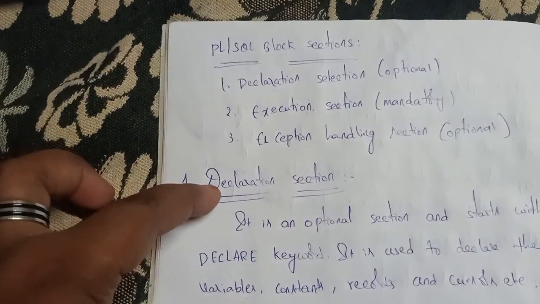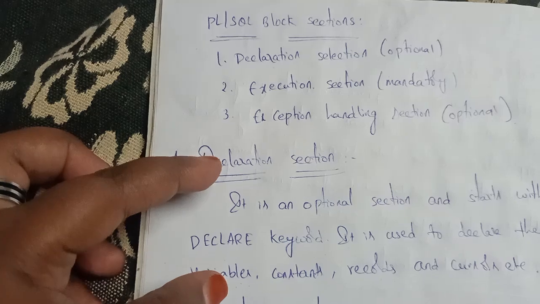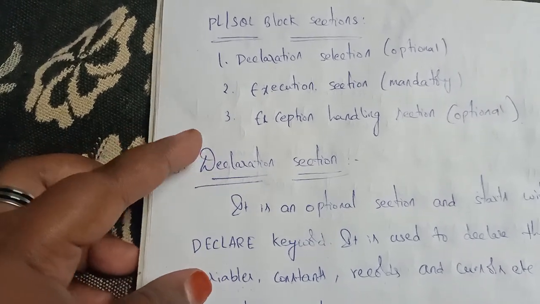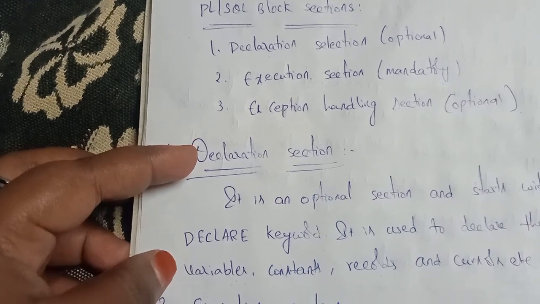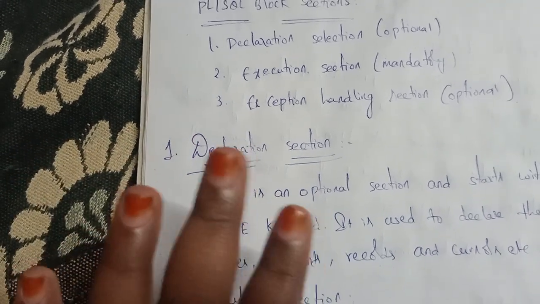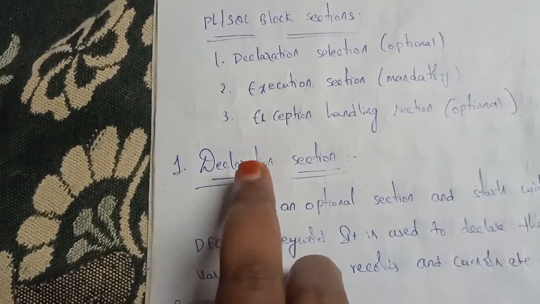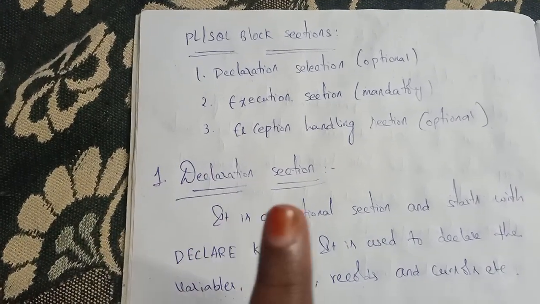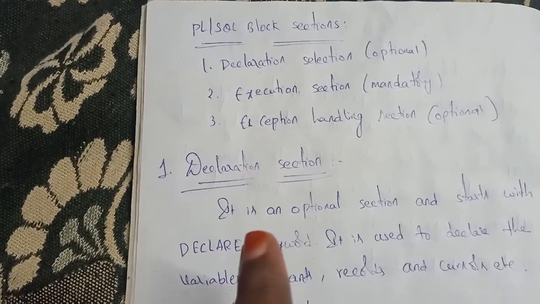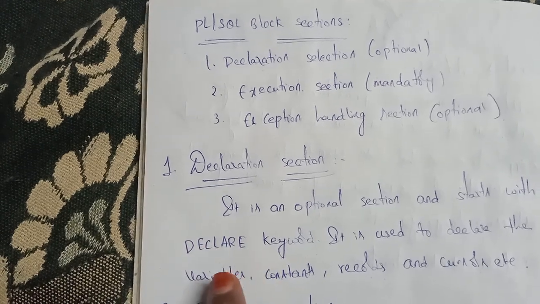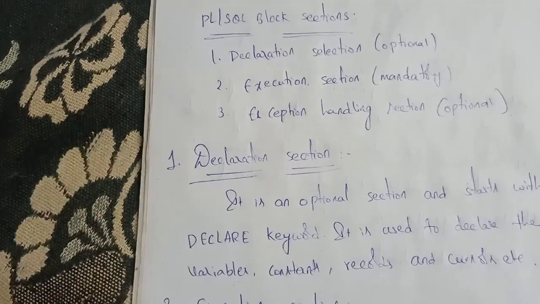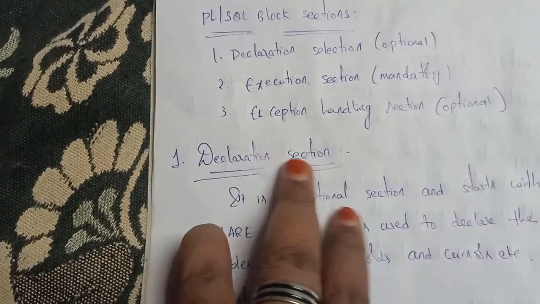In declaration we declare variables like int a, string, boolean. Just remember these points only: it is optional, and it uses the declare keyword for variables, constants, records. That's it, nothing to worry about in the declaration section.